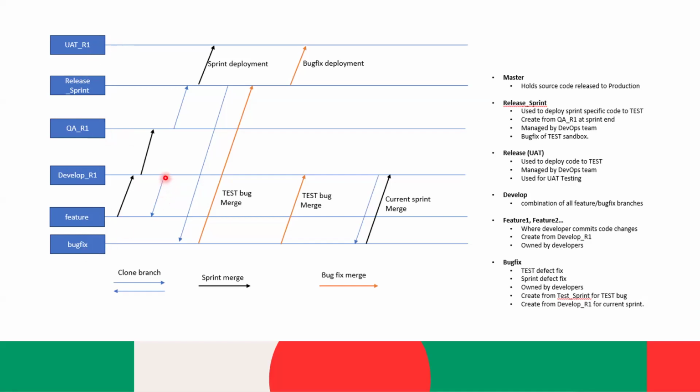It means clone, develop, and deployment, right? It means in QA R1 on Monday and Tuesday, there will be code for sprint 2. And I don't want sprint 2 code deployed to UAT because it is n-1, correct? That testing is required for sprint 2 code.